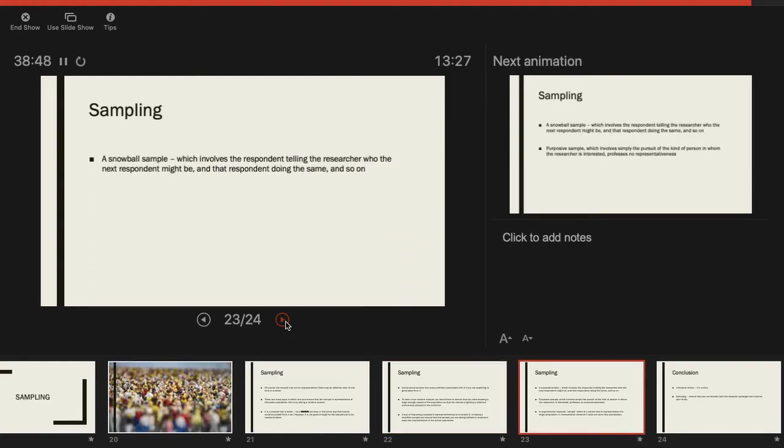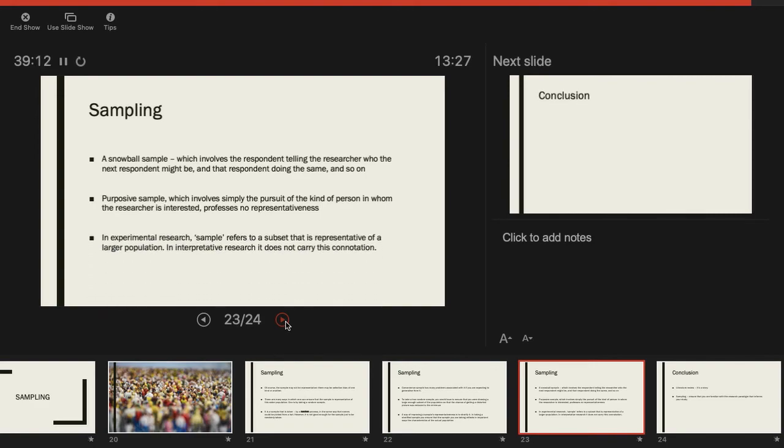Okay, and then we have the snowball sample, which involves the respondent telling the researcher who the next respondent might be, and the respondent doing the same, and so on. Purposive sampling, which involves simply the pursuit of the kind of person in whom the research is interested, professes no representativeness.